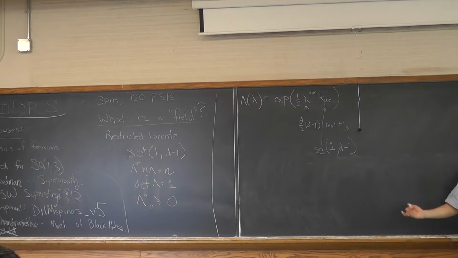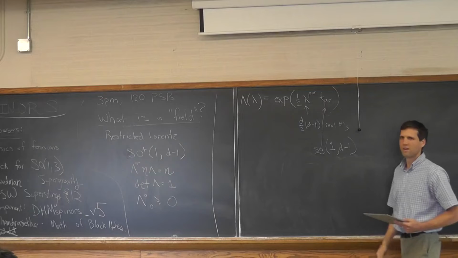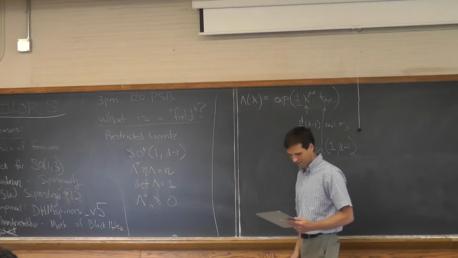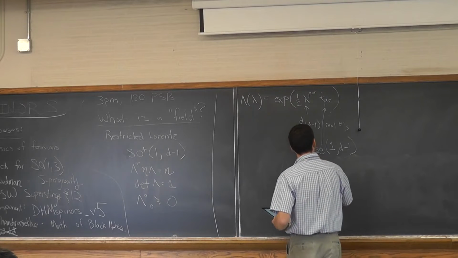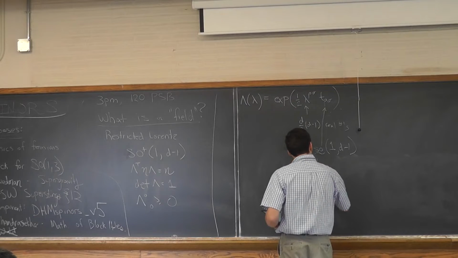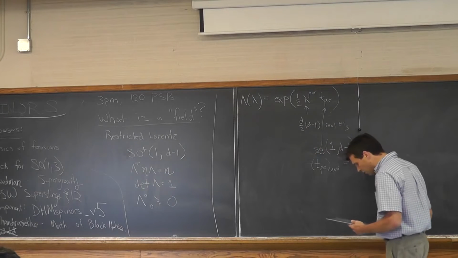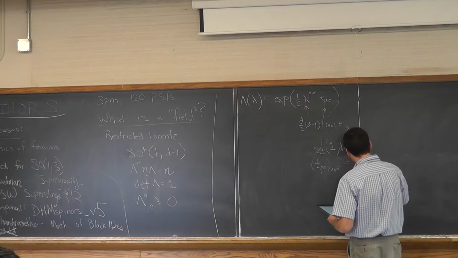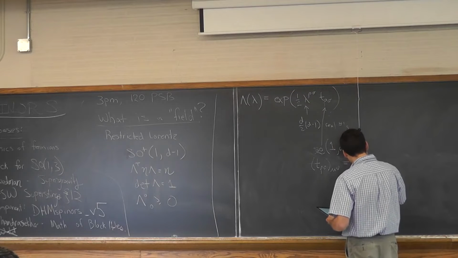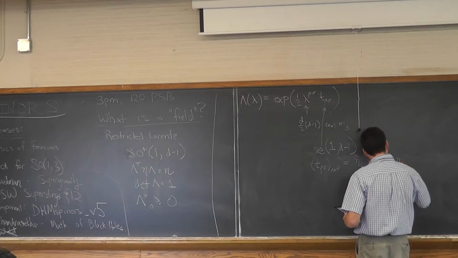And the main point I want to get across in this intro is basically why we gloss over that distinction. I don't want to just gloss over it, I want to gloss over it for a good reason. So these generators are themselves matrices given explicitly by just the product of delta functions, or since we have a time component, product of eta functions: eta mu rho, eta nu sigma, minus eta mu sigma, eta nu rho.